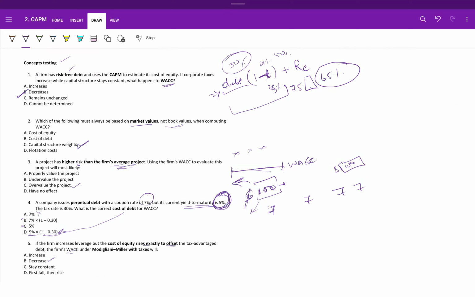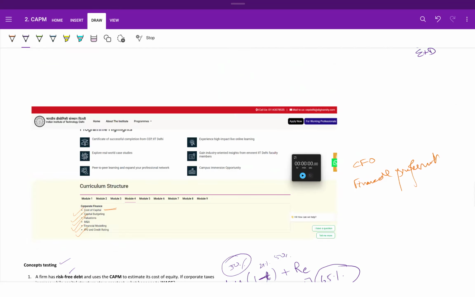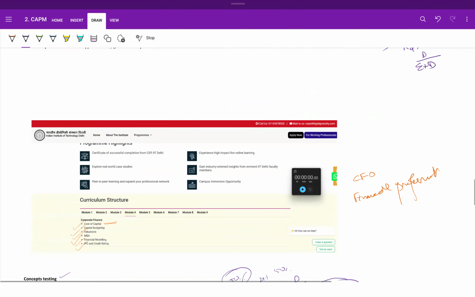So with that, let's conclude today's session. These questions were tricky questions. I hope you have understood the weighted average cost of capital as a concept and why it's important to understand these things. And we have discussed why CFO programs or financial professional programs teach cost of capital and these corporate finance topics.